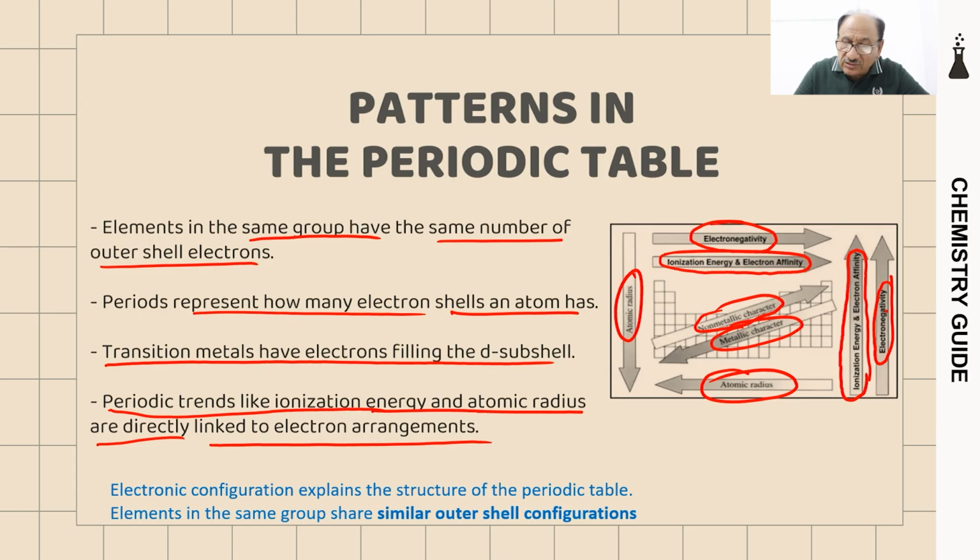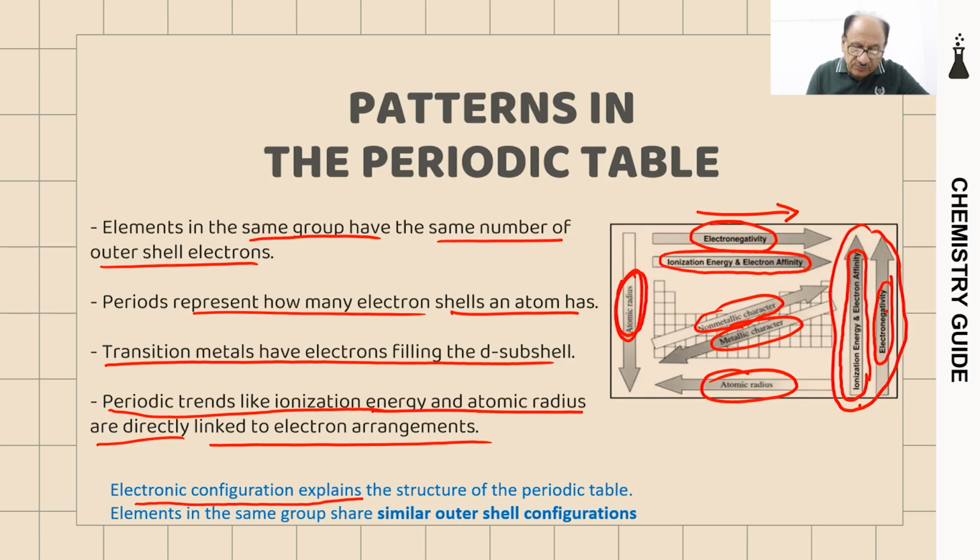So you need to understand the arrows: from left to right electronegativity is increasing, ionization energy is increasing, and from right to left atomic radii is increasing, and from up to down atomic radius is increasing, and from down to up ionization energy and electronegativity is increasing.